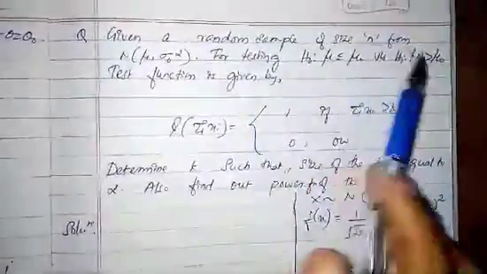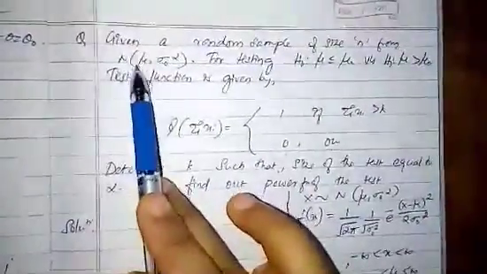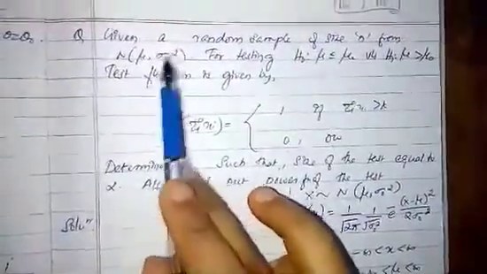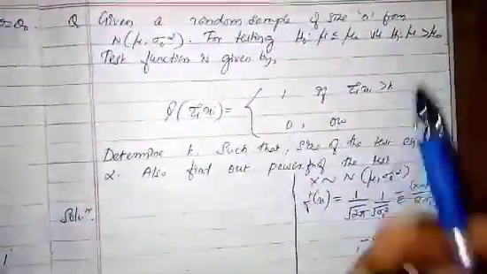Here we have a random sample of size n from a normal distribution with mean mu and variance sigma naught square, so the sigma square value is known.